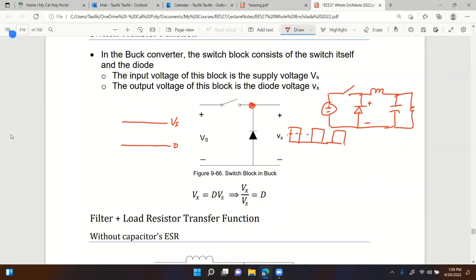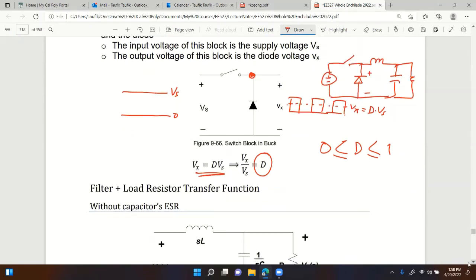So the average of this, Vx, is equal to duty cycle times Vs. Therefore, Vx over Vs is equal to D. So I'm done with the transfer function for the switch block. Remember, I have a switch block, so inside the switch block, the transfer function is D. And we know that the value of D is between 0 and 1. Any question on this?